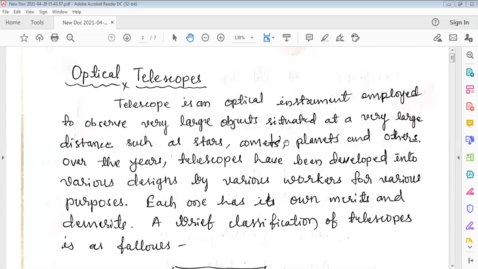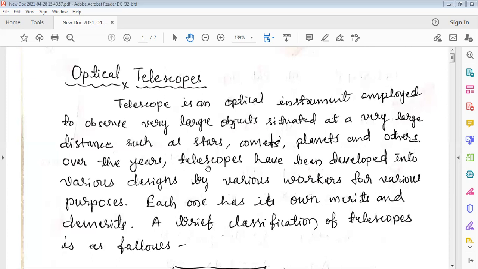So it is such an instrument called the optical telescope, and it is used to observe large objects which are situated at a very large distance.